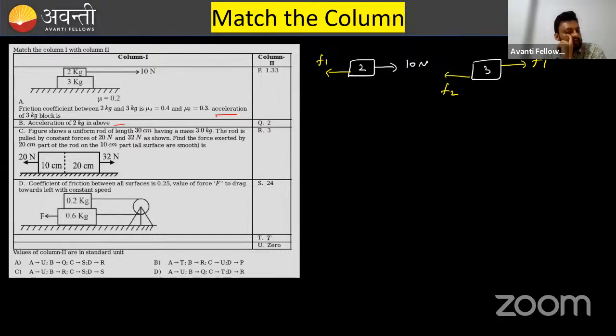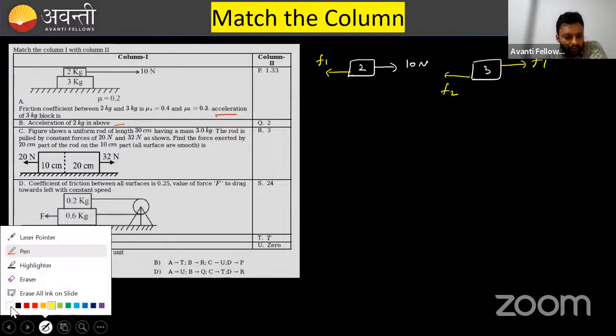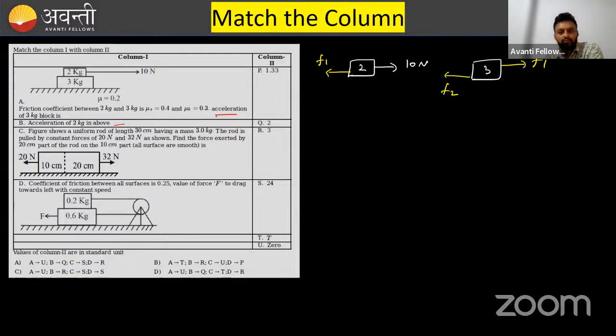आई थिंक यहाँ तक कोई डाउट नहीं है, एफबीडी हमारा बन गया है। नॉर्मल रिएक्शन आई एम नॉट ड्राइंग, वर्टिकल फोर्सेज हैं वो सब बैलेंस आउट हो जाएंगे। So now question says acceleration of 3 kg block. Look at the 3 kg block. Okay, F2 we can calculate. What is the value of F2?